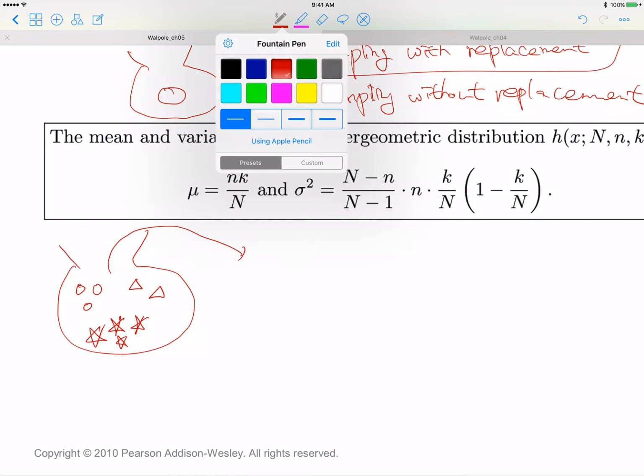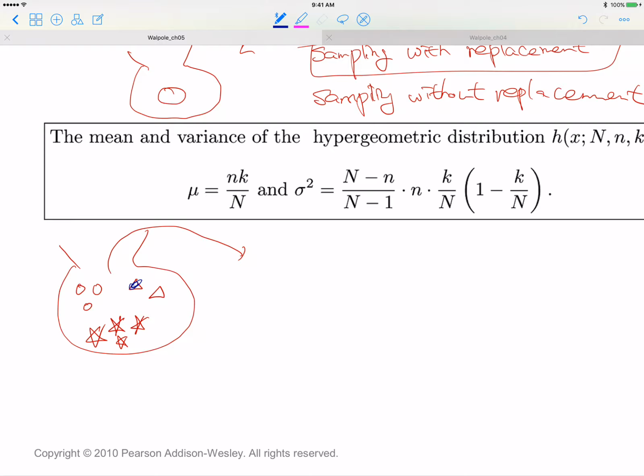Let me simplify the situation so that we have only 2 different kinds of balls: one is a circle, and the other is a star. In this case, at first the probability of picking up a star is 4/7.